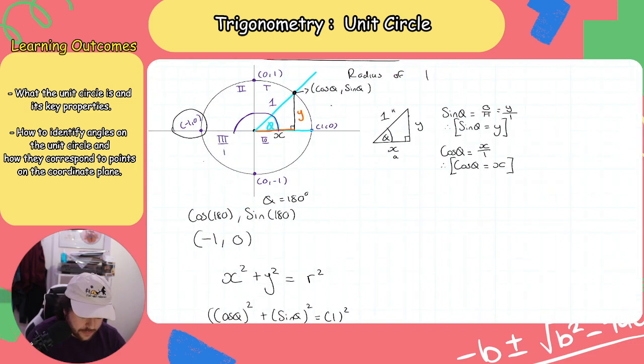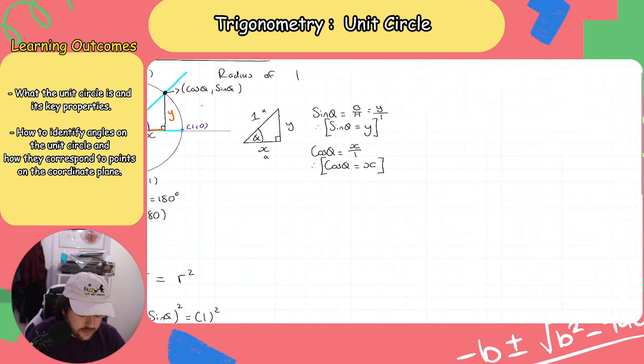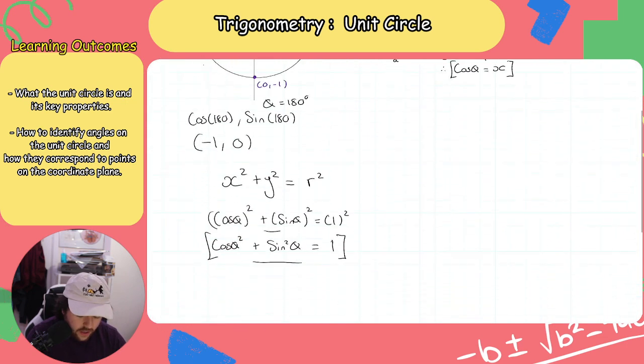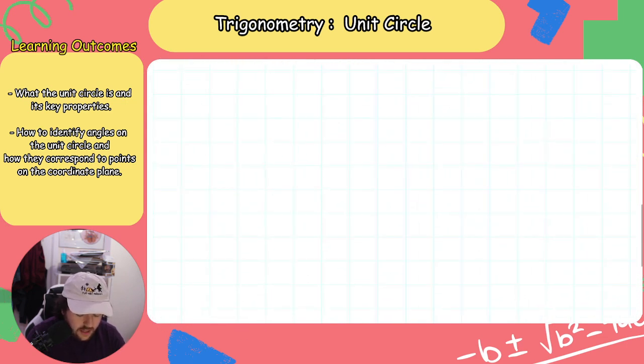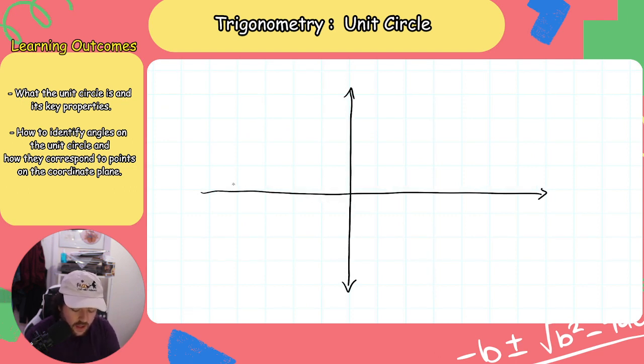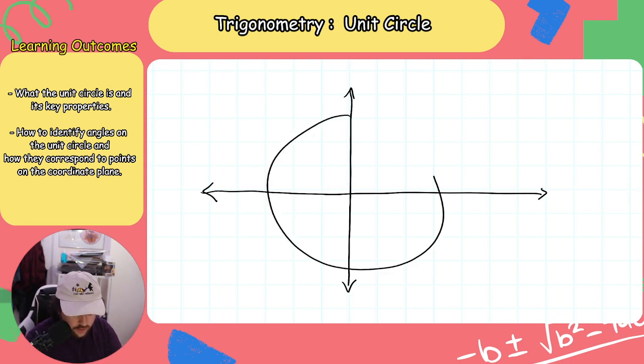So let's do some little housekeeping now on this. In my unit circle here, I have my 4 quadrants like I mentioned. I'm just going to draw a very crude circle here.